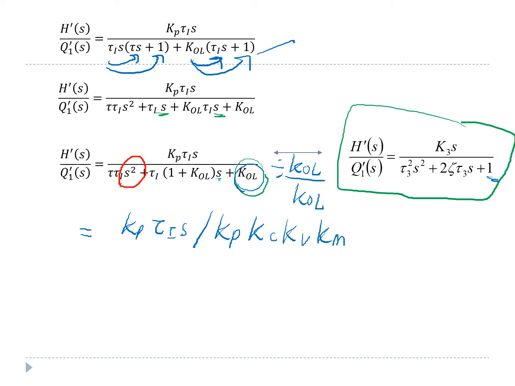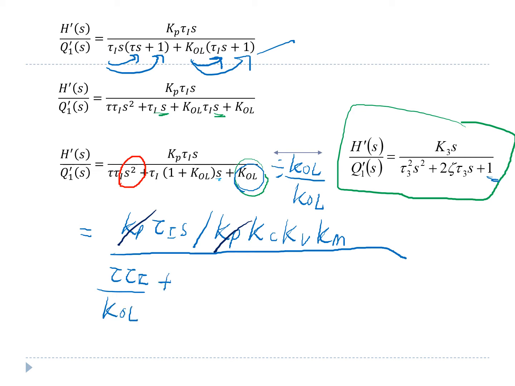So if you notice here, you can remove the Kp term, and then the denominator becomes tau I over KOL, plus tau I over KOL times (1 plus KOL) s, plus 1.